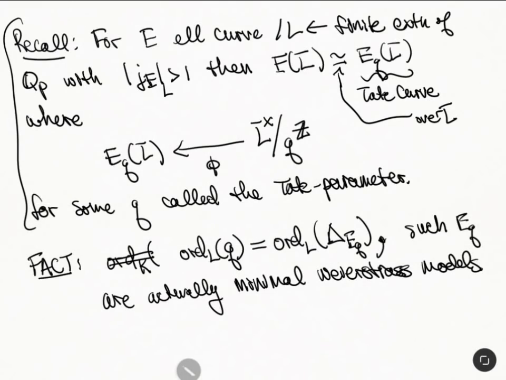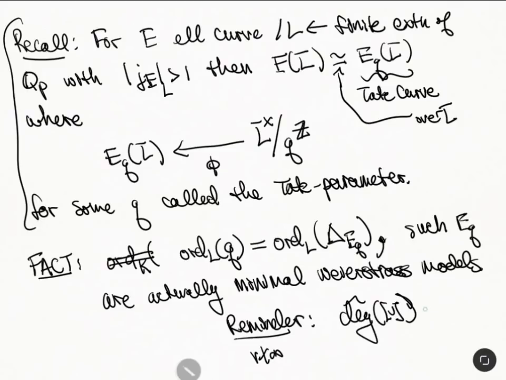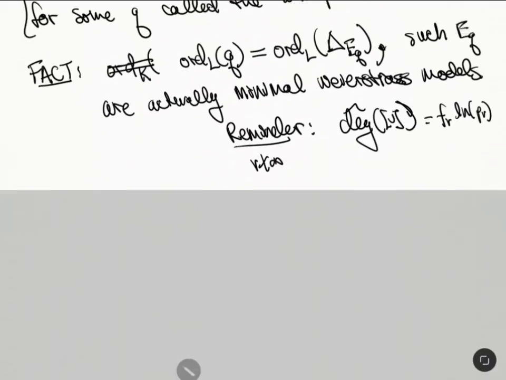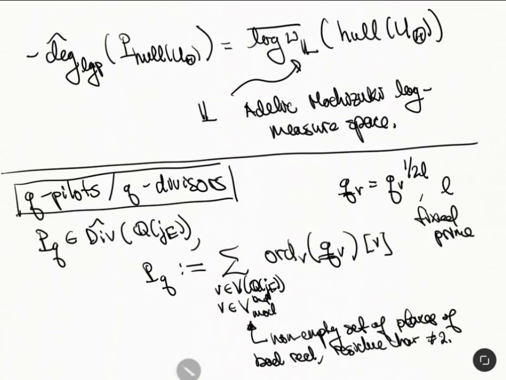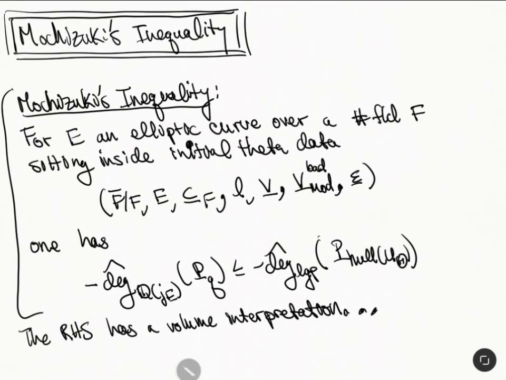I just wanted to remind you that the Arakelov degree of these, so let's say for V not dividing infinity, is the inertia degree times ln of the residue characteristic. So that describes one side here.